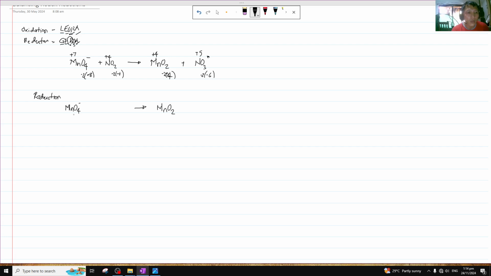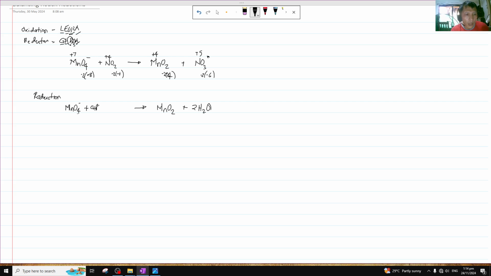We have an excess of oxygen here, so we have 2 H2O since it's lacking 2, so there would be 4 oxygen. Next, for the hydrogen, since there are four, we put 4 H plus.